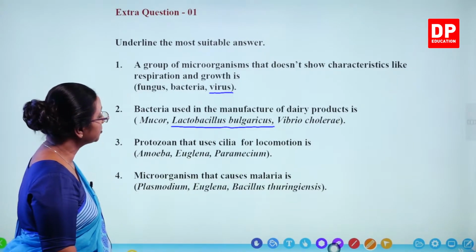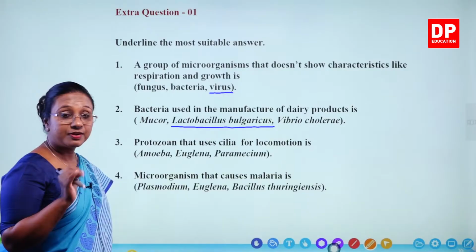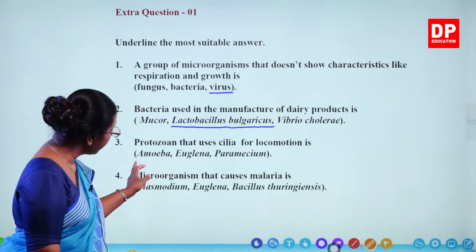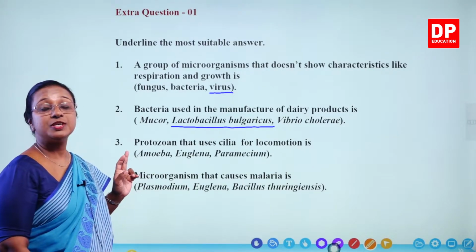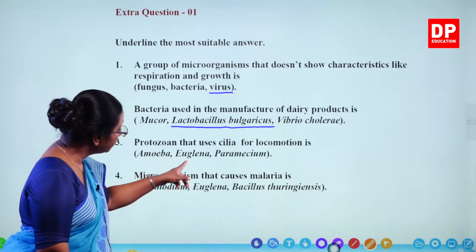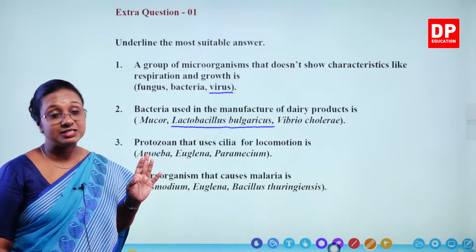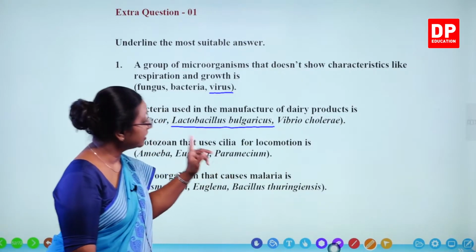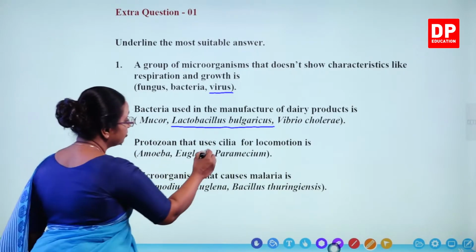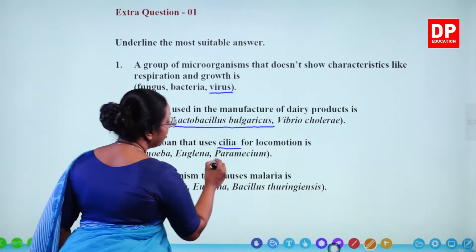So what is the protozoan? You know the different examples. Amoeba is a protozoan. It uses pseudopodia. Euglena is also a protozoan. It uses flagella. Then paramecium is the protozoan that uses cilia for locomotion.